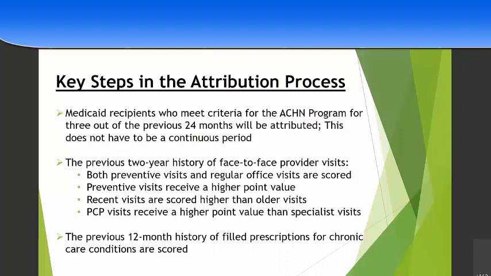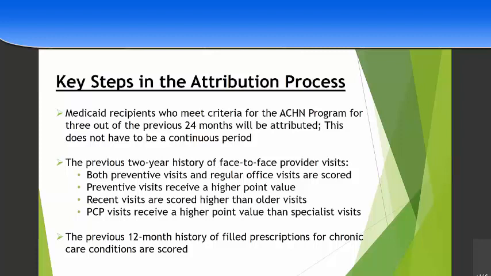Both preventive visits and regular office visits are scored. Preventive visits receive a higher point value. Recent visits are scored higher than older visits, and PCP visits receive a higher point value than specialist visits.